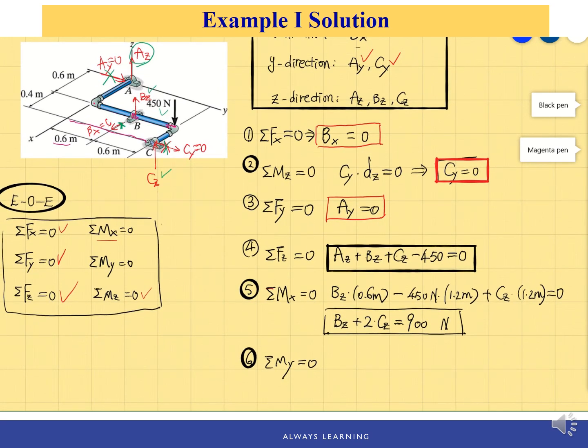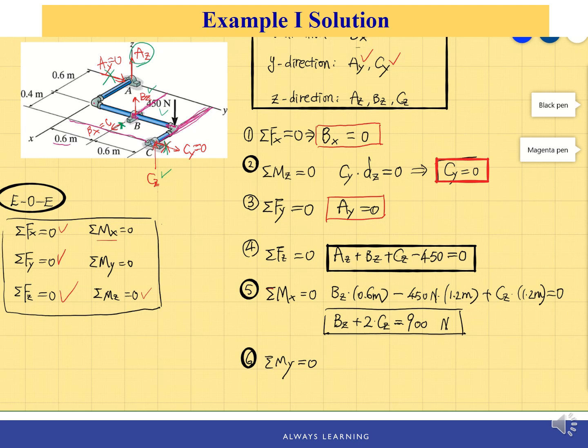So the moment arm of BZ about the y-axis is along the x direction, and it should be 0.6. Same idea for 450 Newton. It's also the same magnitude, 0.6 meter along the x direction. And for CZ, it is along the x direction, but it's longer. So it's 0.6 plus 0.4, which is 1 meter. Now we can write the equation.